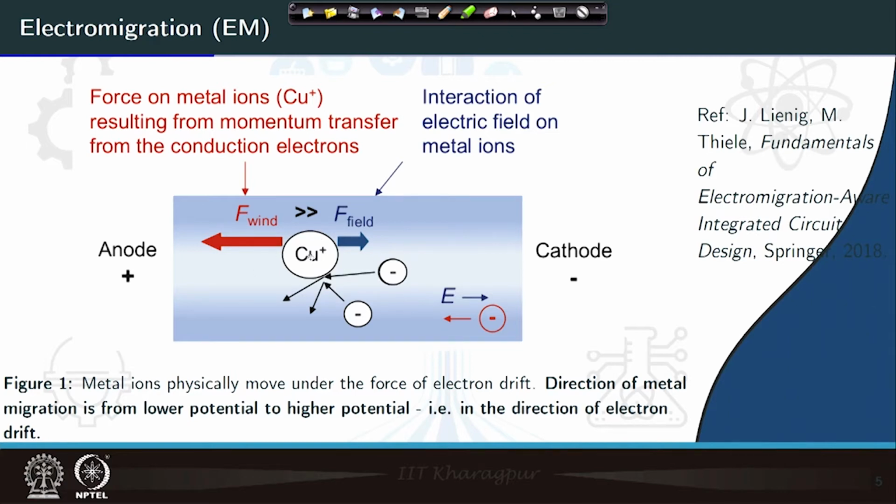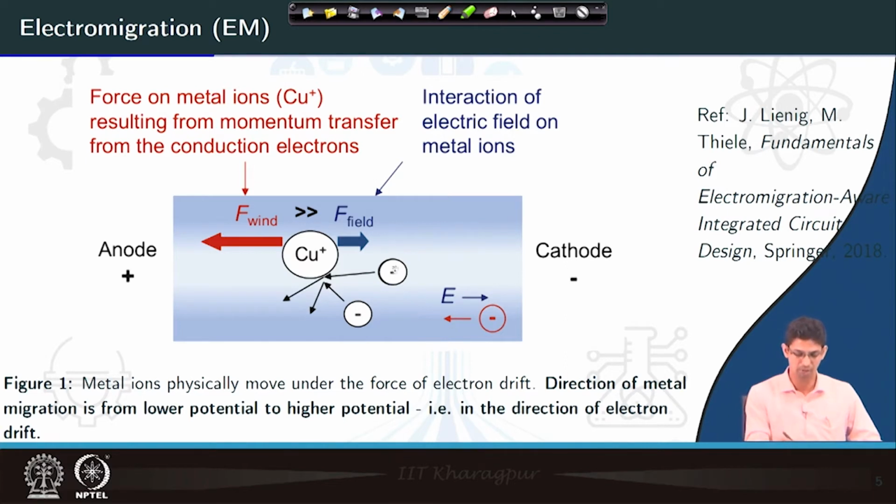Here you can see that there is an anode and a cathode. When you apply an electric field, the electric field is in this direction towards the right, and under the action of electric field there are these electrons which are propagating from cathode to anode. So, they are propagating from right to left.